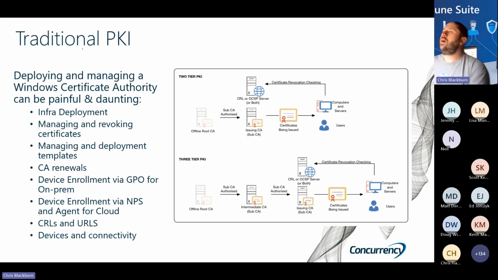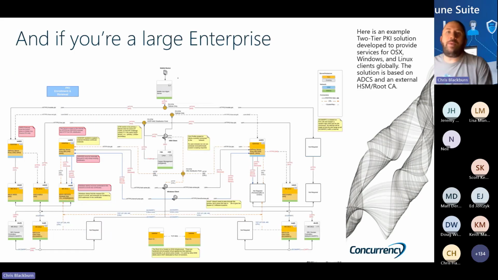I found this architecture on one of the Microsoft sites, and I've had to administer and deploy a PKI deployment like this once upon a time. It gets very complex, especially where it's structured to support a global deployment, being able to have external root CAs available.